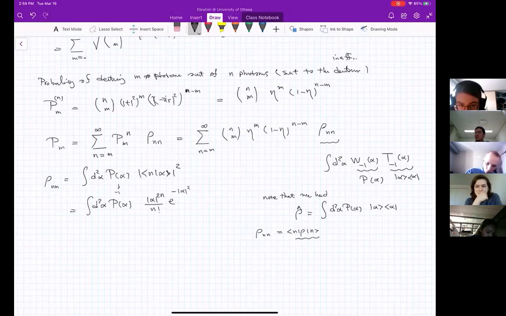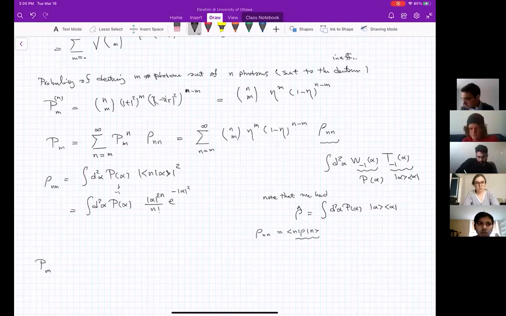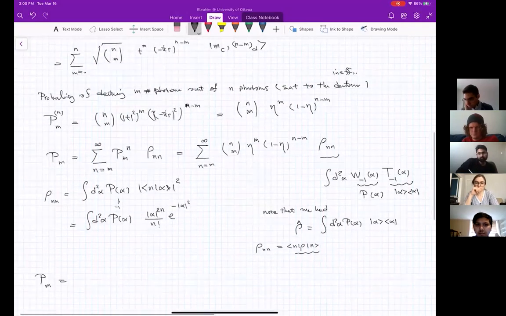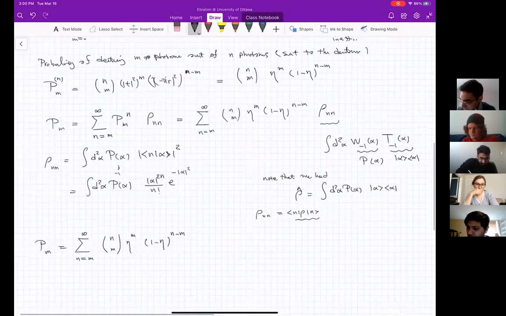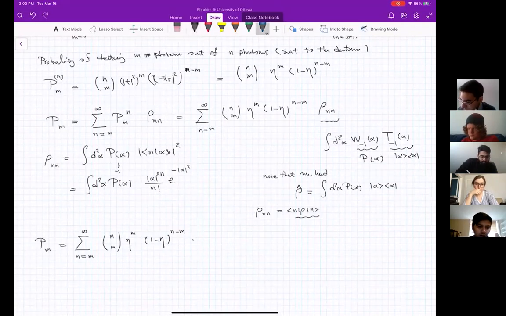Okay, all right. So then the probability of detecting m photons for any distribution, not necessarily that you will get the result, but we know that for any distribution, will be given by the summation of n changing from m to infinity, n choose m, eta to the power of m, (1 minus eta) to the power of n minus m, multiplied by rho_nn. Essentially, rho_nn is equal to the integral d2 alpha P(alpha) |alpha|^2 to the power of n, e to the power of minus |alpha|^2, divided by n factorial.